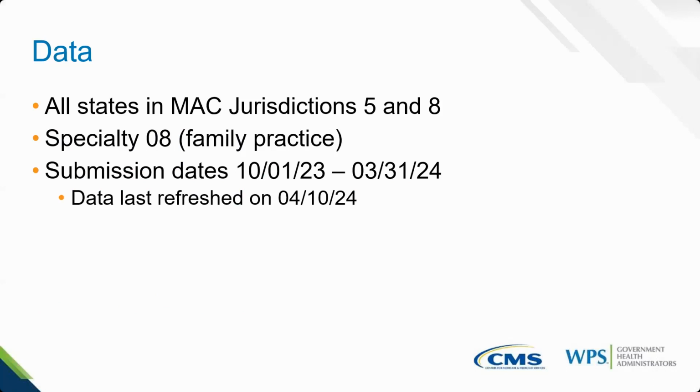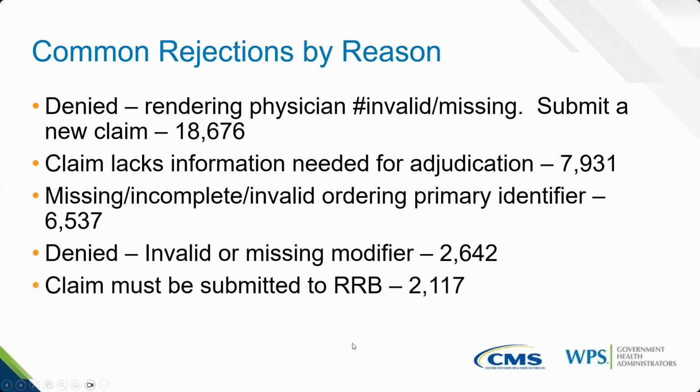And what that means is that any claims that were submitted for that date range after 4/10 of 24 are not included in the data that I'm going to present. So here then are the common rejections by reason for specialty 08 providers. You can see the common rejections listed here on this slide.